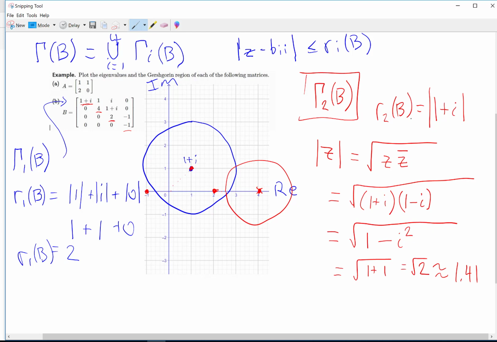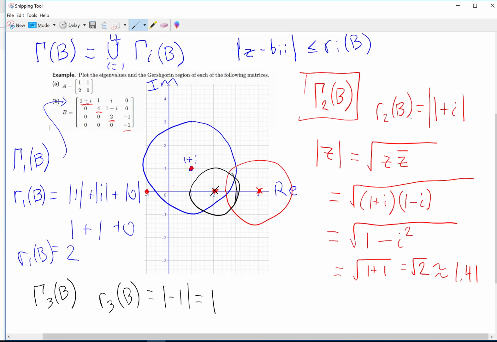Let's go to black, and we'll plot gamma 3 of B. Now gamma 3 of B is centered at 2, and its radius, R3 of B, would be, well, we have a 0 and a -1, so the absolute value of -1 is 1. So this Gershgorin disk is a circle of radius 1.